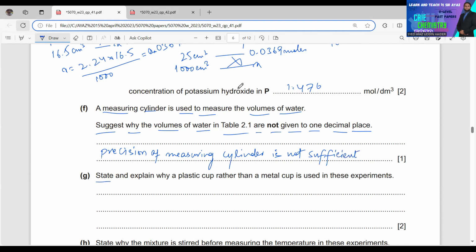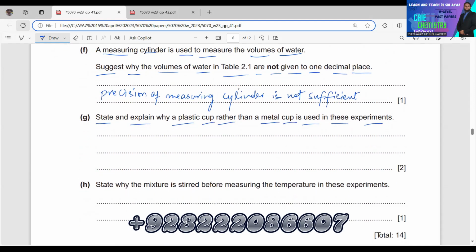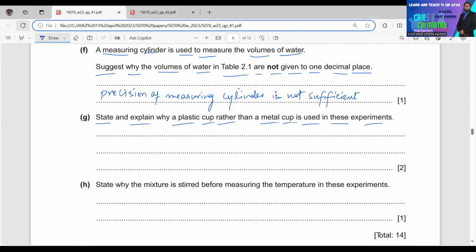Part G. State and explain why a plastic cup rather than a metal cup is used in these experiments. So definitely the reason is that plastic is a better insulator than metals. Or you can write a reverse argument like metals are better conductors than plastic.